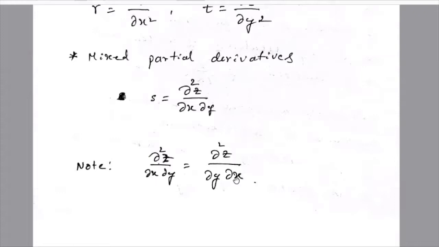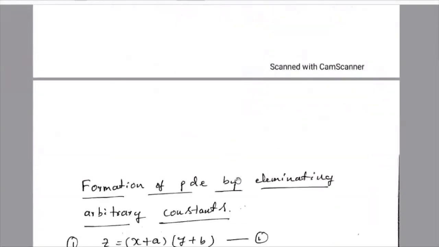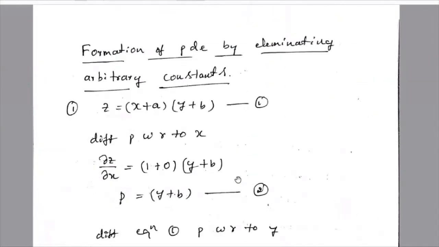Now we'll see how to form a partial differential equation by eliminating the arbitrary constants. Let z equals x plus a into y plus b be the given function. In this function, a and b are constants. Now we have to form a differential equation by eliminating these two constants.